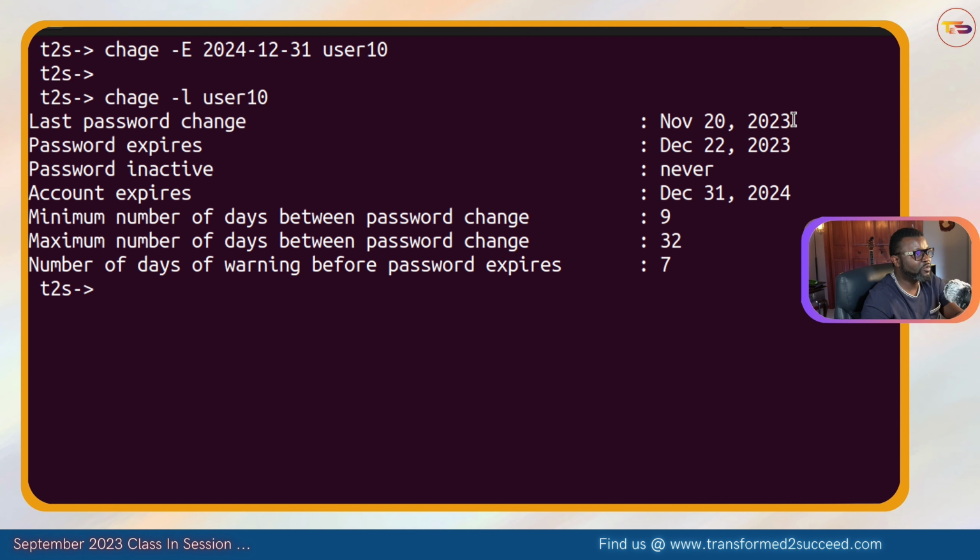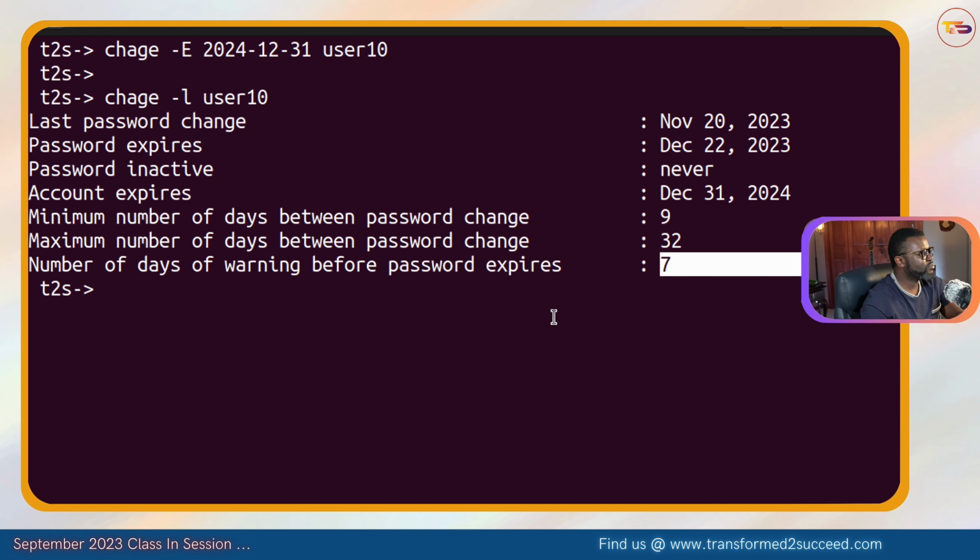But remember, the password was changed first today, November 20th, as of the recording of this video, and the password will expire December 22nd, that's about 32 days. So the user will receive a warning, like, hey, you have 7 days to change your password, they're going to be given 7 days to make the change.